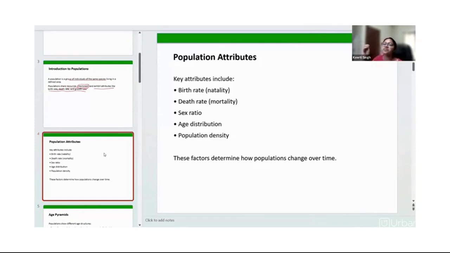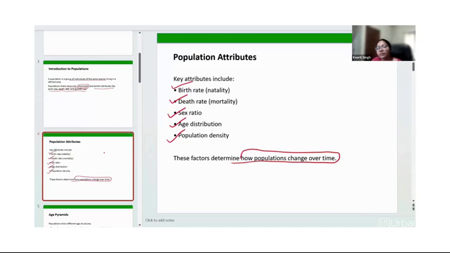So we are going to use some attributes. What are these attributes? They are birth rate, death rate, sex ratio, age distribution, and population density. These are the factors which will determine how the population changes, how we can estimate the change, measure the change over a period of time using these attributes.